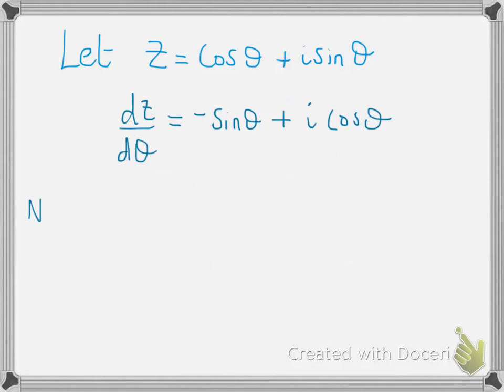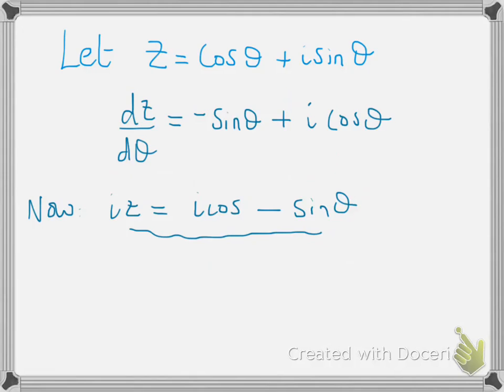Now, we also know that iz from above is equal to i cos theta minus, because i squared would be minus 1, minus sine theta. And if you notice, this is exactly the same as what we get for dz d theta.